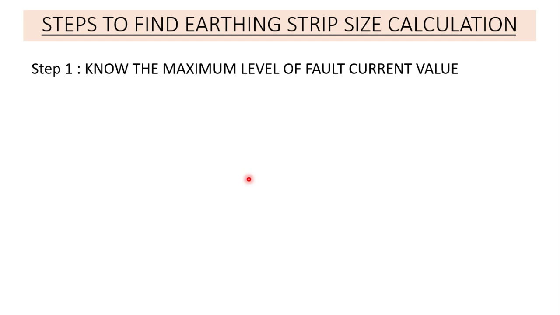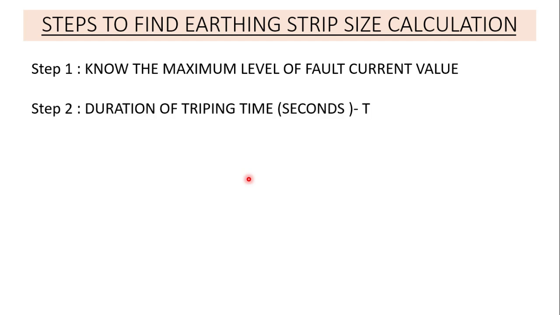In the previous video I discussed how to calculate the maximum fault level current on the HT side. I'll give the link in the description box to follow that calculation method. Then second, the duration of tripping time.